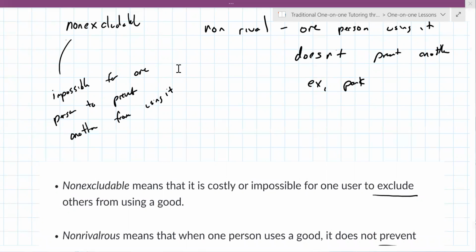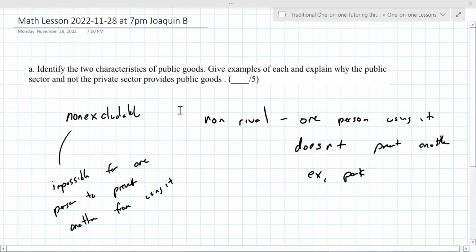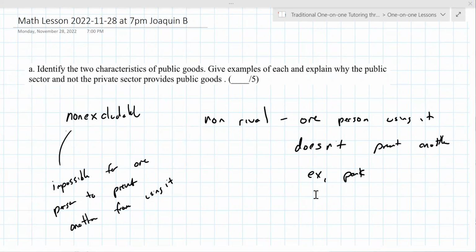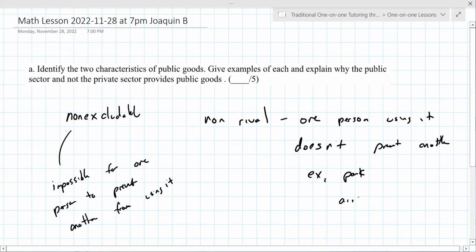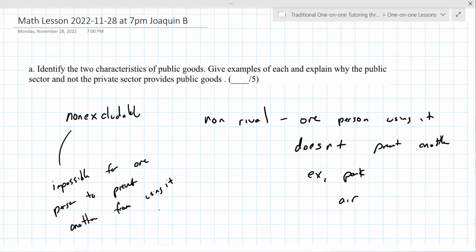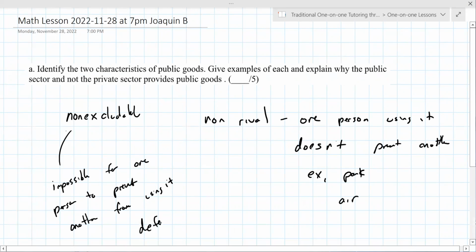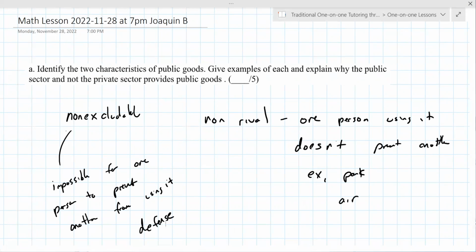Parks are the main one, but give examples of each and explain why the public sector. So like air. Okay. Another one that often gets talked about is national defense. National defense? Yeah, like the army, military, things like that.